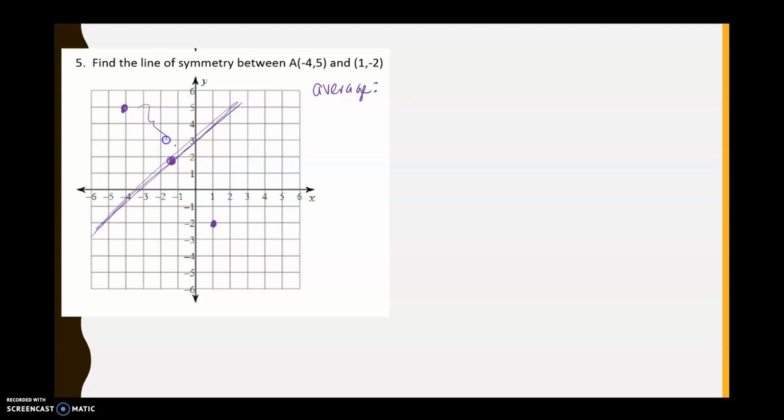It has the same distance away, so I'm just going to take the average of these two coordinates. The average of my x is -4 plus 1 over 2, and the average of my y is 5 plus -2 over 2, which gives me -3 over 2 and 3 over 2. So this is my point that I'm going to use.